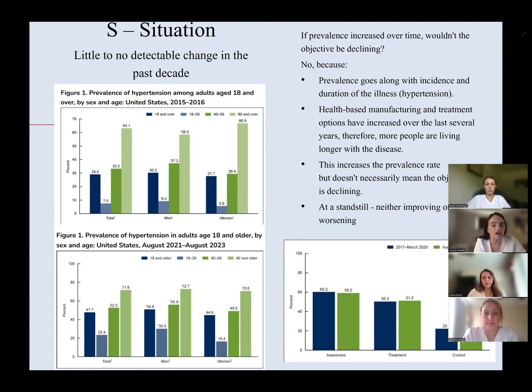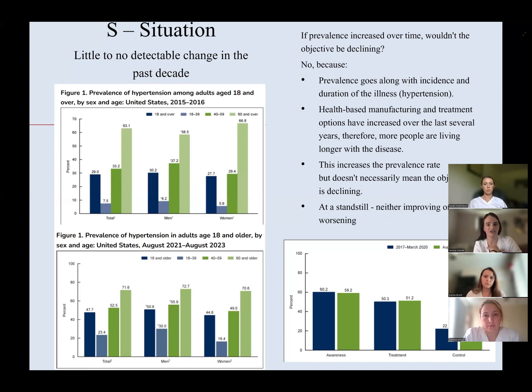So the top one shows, if you look at the total on the left-hand side, about 63% of people 60 and over have hypertension. And the bottom one shows how much it's increased to about 71%. So the prevalence has increased over time.